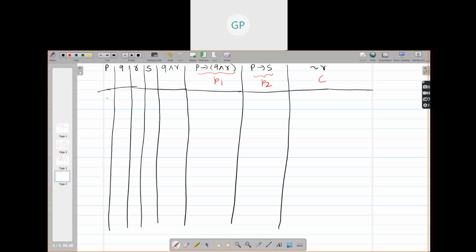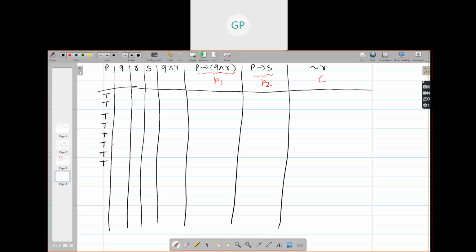Can you quickly make 16 rows? 16 rows means in the first column you have 8 times T. We can do it in parts. First part we do on this page, second part on the second page. First I am writing 8 times T: 1 2 3 4 5 6 7 8, let us do only this much.